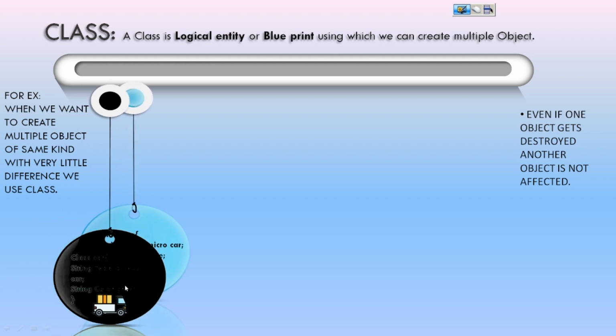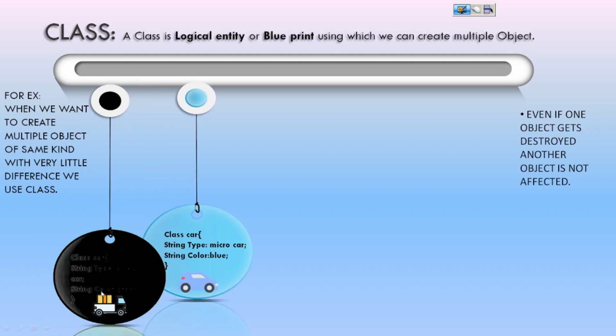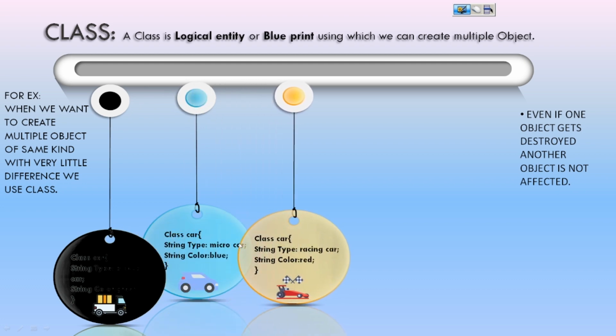Now if I take the same class car with the same features, what is the type of the car? Micro car. What is the color here? It is blue. In the same way, I'm going to create one more car object. This will be the racing car, and the color of the car will be red. So with the same class car, I created 3 objects here.